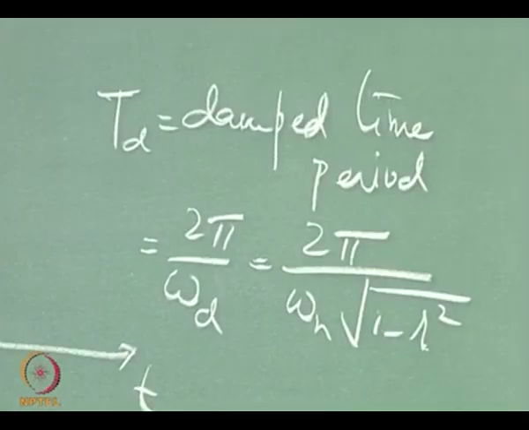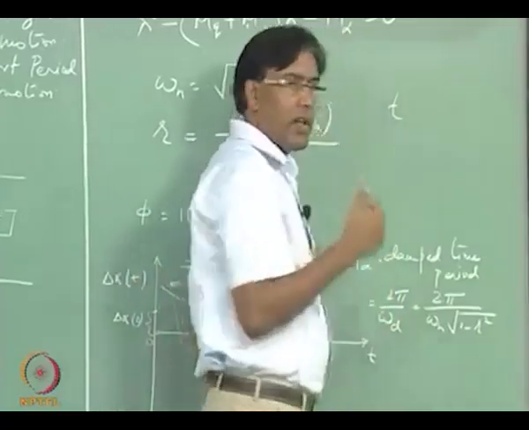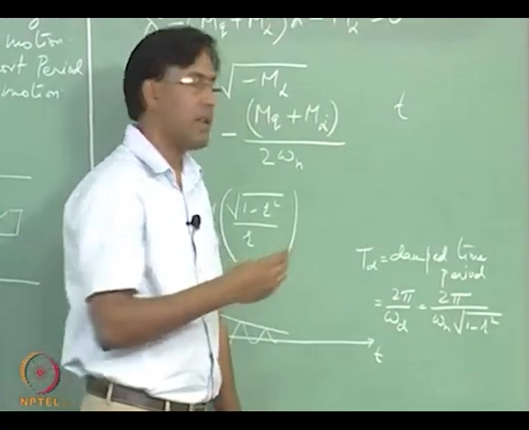So, this is the damped time period. And there are other parameters also which normally we talk about when we talk about second order system response, and those parameters would be time to double or half.